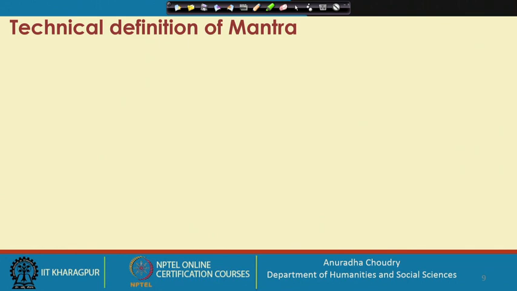In other words, I tend to give the simple technical definition of a mantra. Mantra is nothing but systematized sound technology, where sounds have been placed in such a manner that they will necessarily correspond to certain effects in different planes of our existence, in the physical plane as well as in the emotional, mental and spiritual planes.